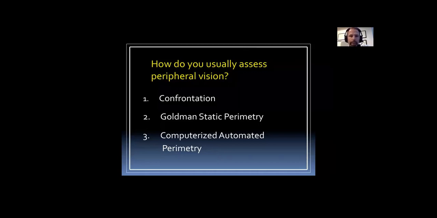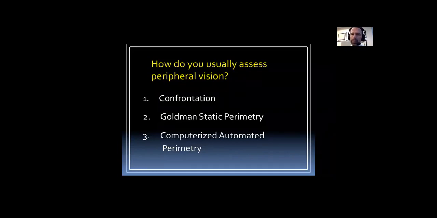Or do you have the use of computerized automated? I know all of you can probably do confrontational fields, but I'm just curious to see how many can only do confrontation or only do Goldmann or can do the computerized, because most of my examples will be computerized automated perimetry. We will look at some Goldmann visual fields as well. And of course, it's hard to really depict the confrontation visual fields.